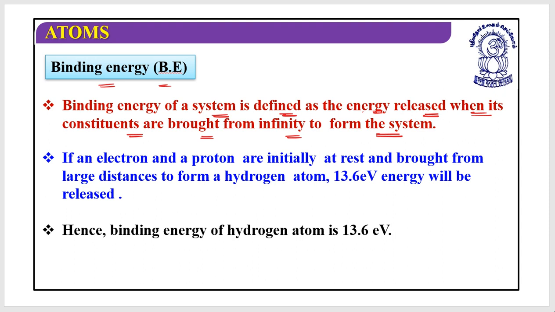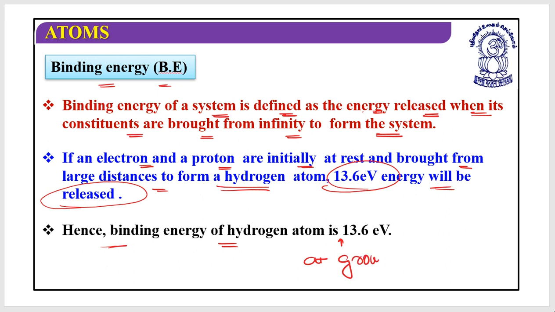So we can understand that if an electron and a proton are initially at rest and brought from large distances to form a hydrogen atom, 13.6 eV energy will be released. So the binding energy of the hydrogen atom at ground state is 13.6 eV. I hope this is clear.